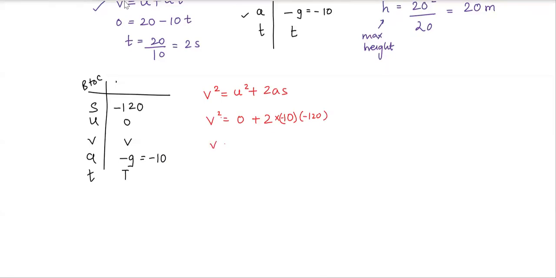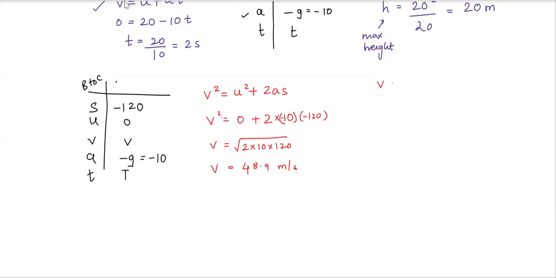So you will see that v will be the square root of 2 into 10 into 120, that is roughly the square root of 2400, which is 48.9 meters per second.